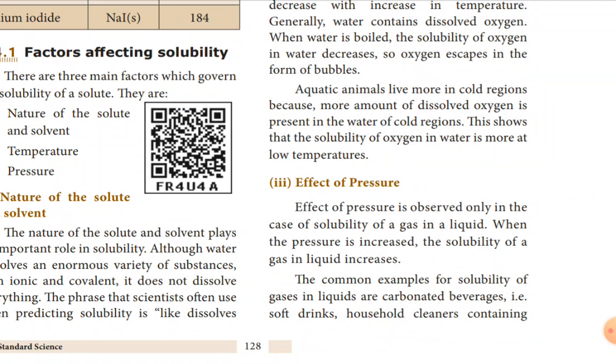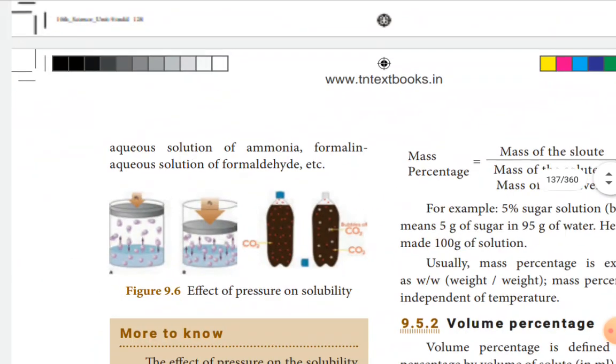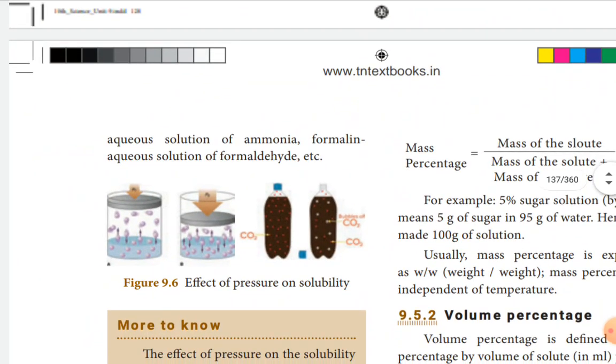For example, aerated water, soda water or carbonated water in soft drinks, household cleaners containing aqueous solution of ammonia, formalin aqueous solution or formaldehyde. Carbonated beverages are prepared by applying pressure. When pressure is applied, the carbon dioxide gas is dissolved in water.